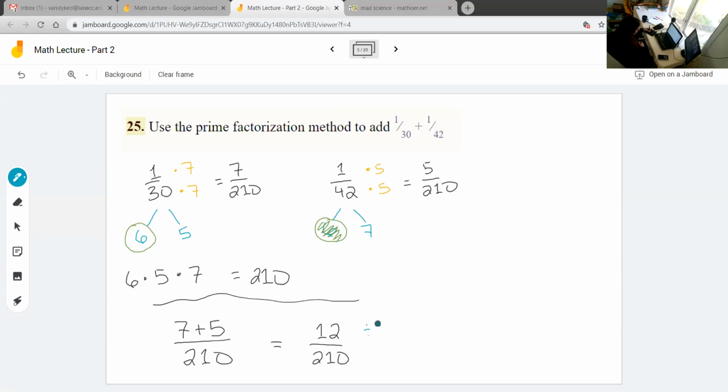And unsurprisingly, we have a little bit of reducing to do. That's even, isn't it? I can divide by 6 because 2 and 3 are both going to work. Okay, questions on any of that?